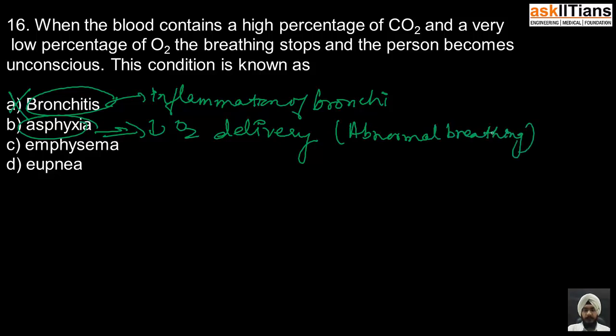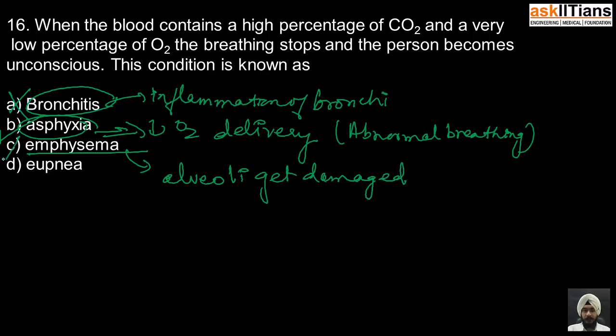So this should be the correct option, which is B. Emphysema is a condition where the alveoli get damaged. So this option is also incorrect. And eupnea is a case of quiet breathing. So this is also incorrect. So the correct option is asphyxia. Let's move on to the next question.